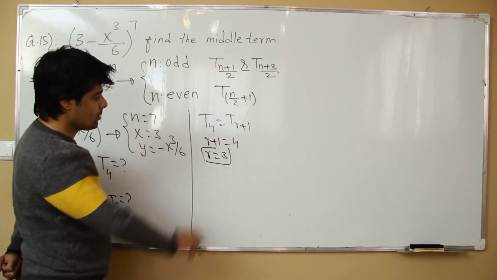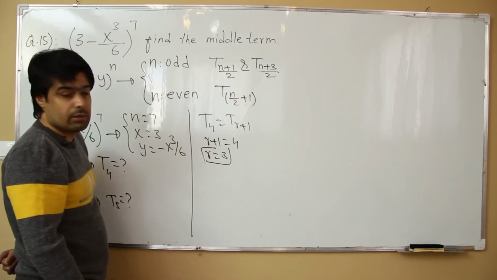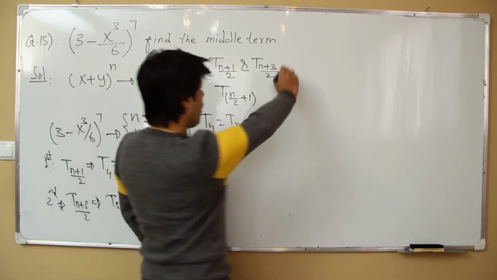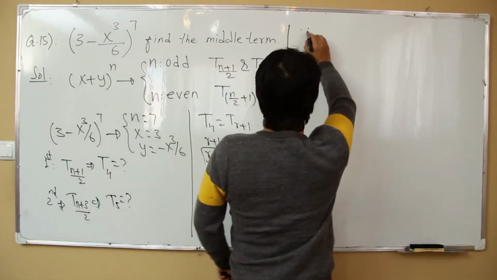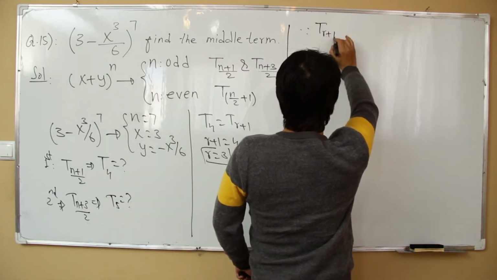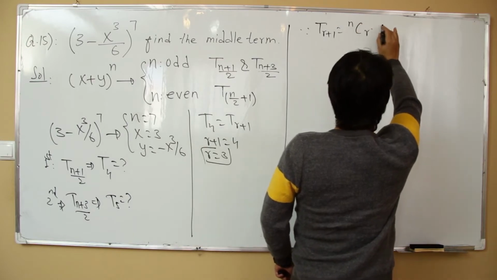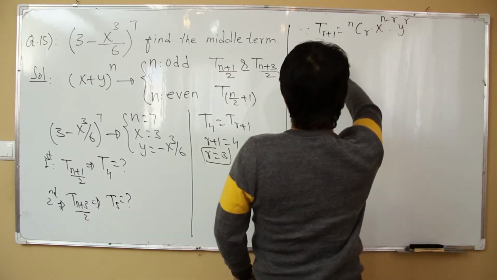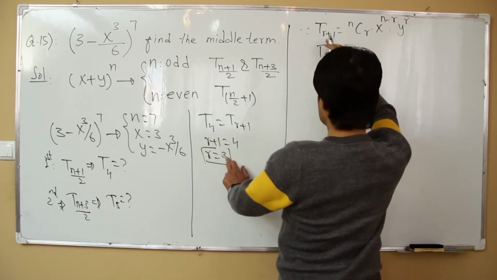Yes. Put this in the general term of a binomial expansion. What is the general term? T(r+1) is nCr x to the power n minus r, y raised to the power r. Then instead of r you put 3.